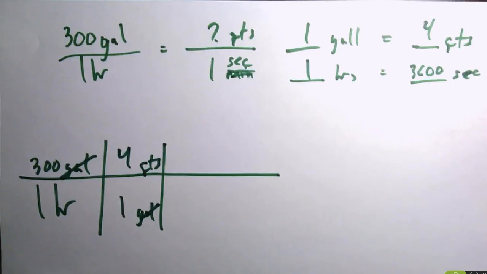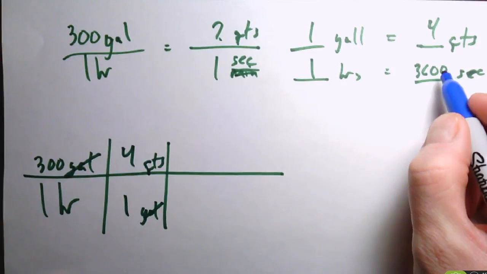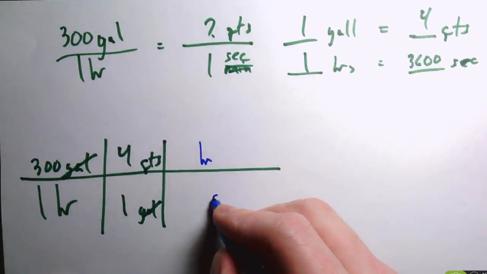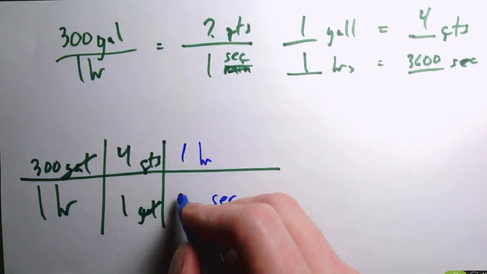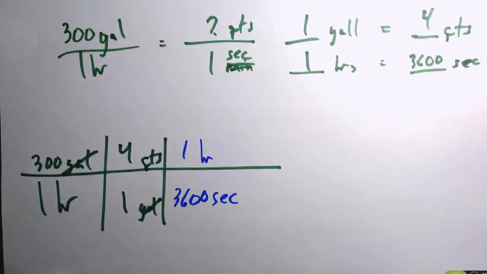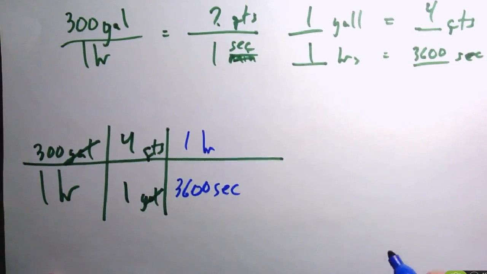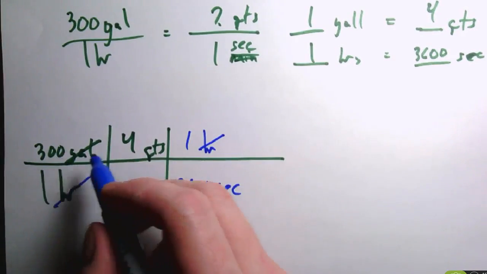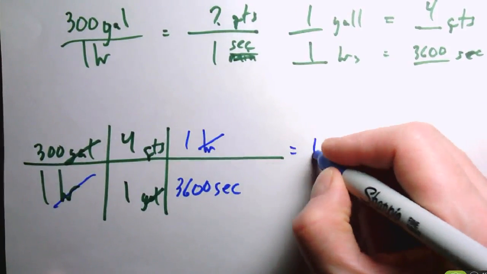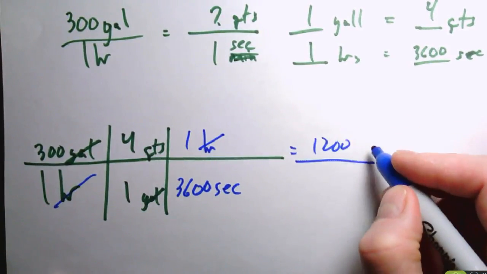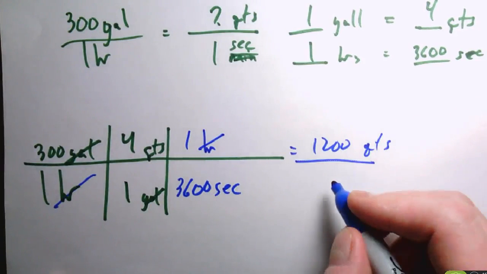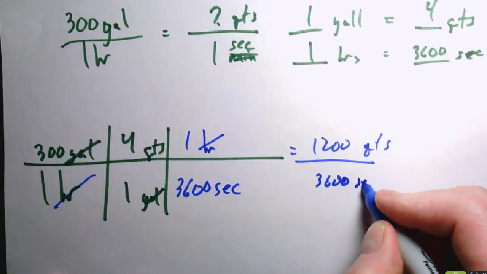Now for the other one, 1 hour is 3,600 seconds. So I'm going to put hours on top to cancel off with the hours there and put seconds on bottom. And 1 hour is equivalent to 3,600 seconds. Now hours are canceled and I'm ready to multiply across. 300 times 4 times 1 is 1,200 quarts, and 1 times 1 times 3,600 is 3,600 seconds.